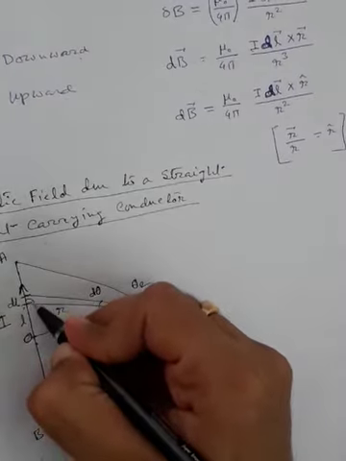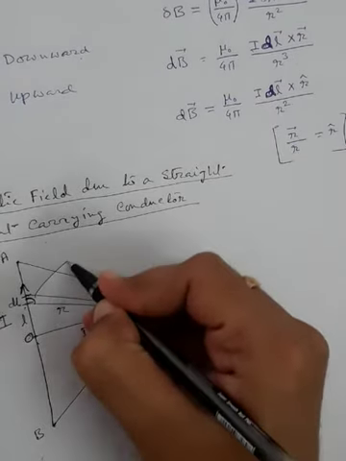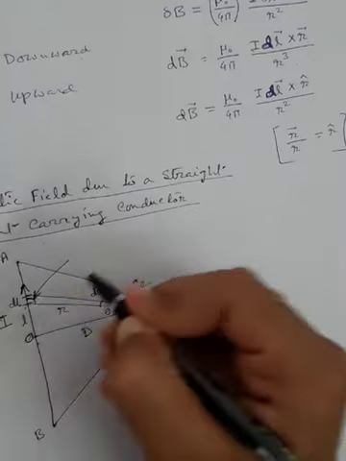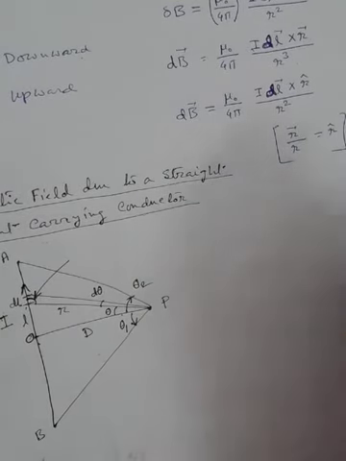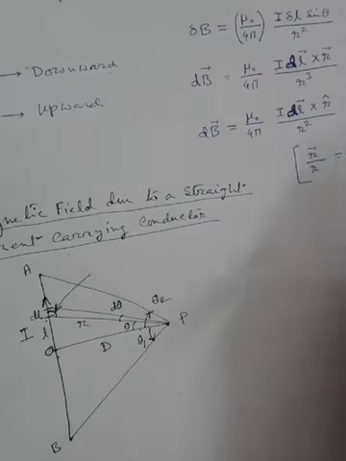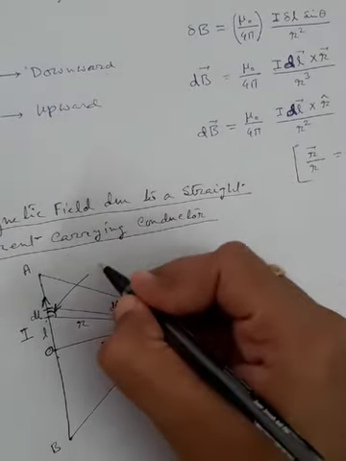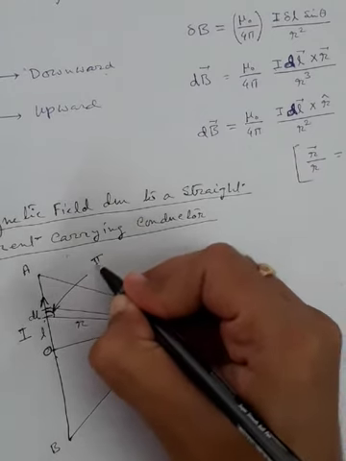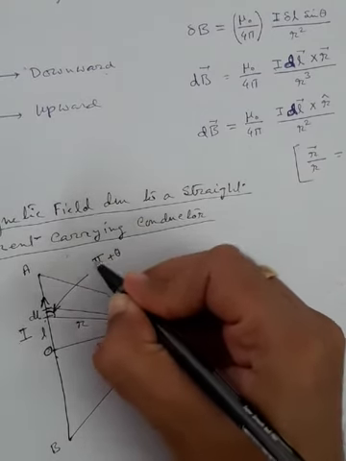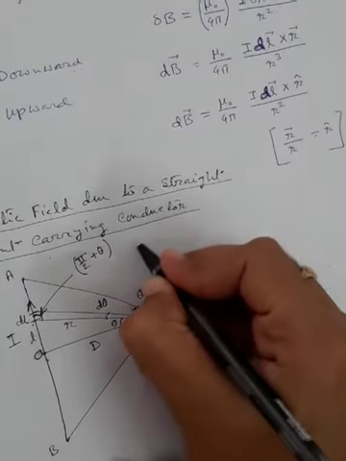And for this case, this angle is actually our required angle to derive the expression for magnetic field from Biot-Savart law. From the laws of triangles, this angle will be pi by 2 plus theta.